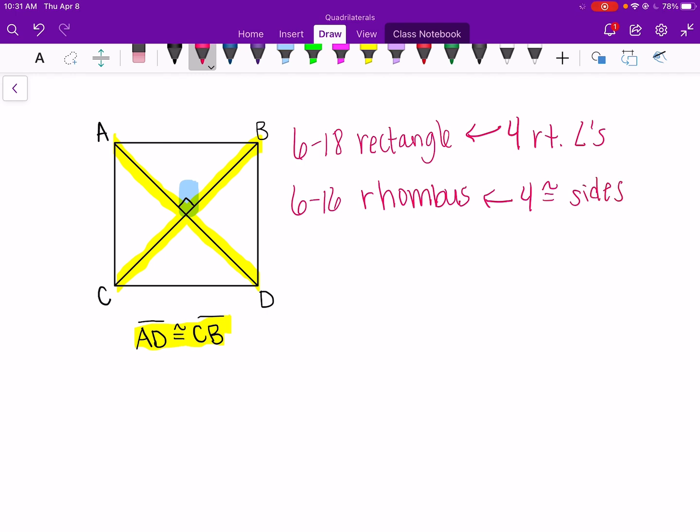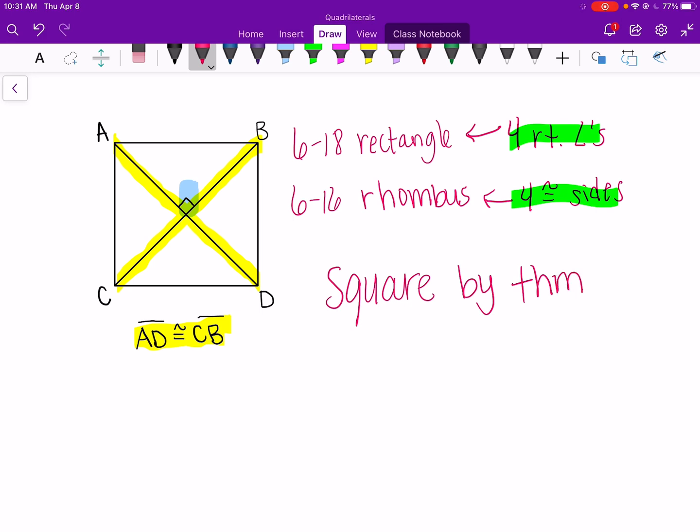So if you think back to the definitions of rectangle, rhombus, and square, a figure that is both a rectangle and a rhombus, or a figure that has 4 right angles and 4 congruent sides, that is a square. So this is a square by theorems 618 and 616.